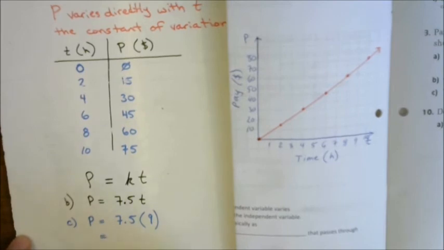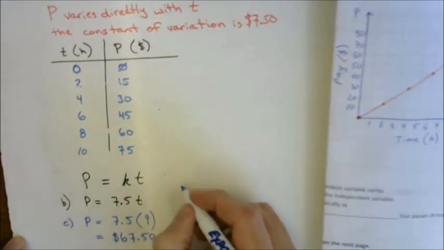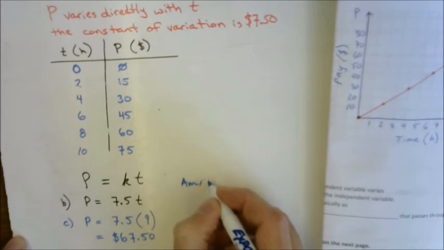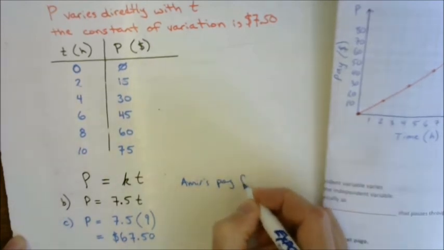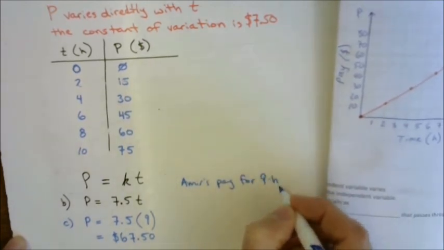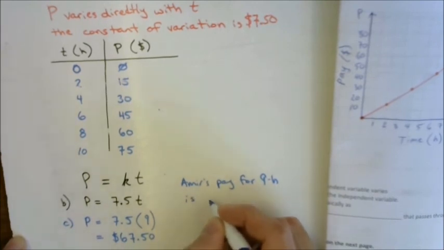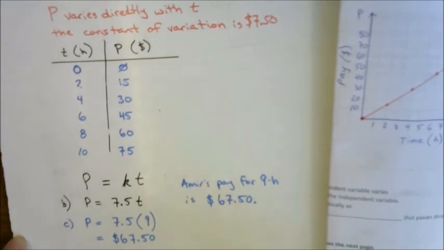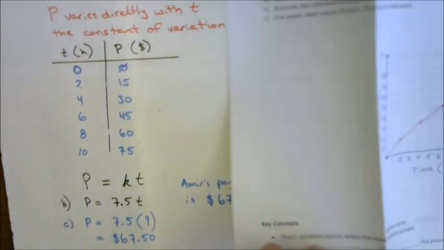Chuck it in your calculator. 7.5 times 9 equals 67.5. Amir's pay for 9 hours is $67.50.